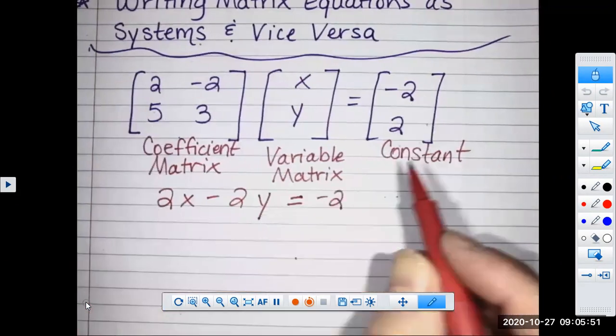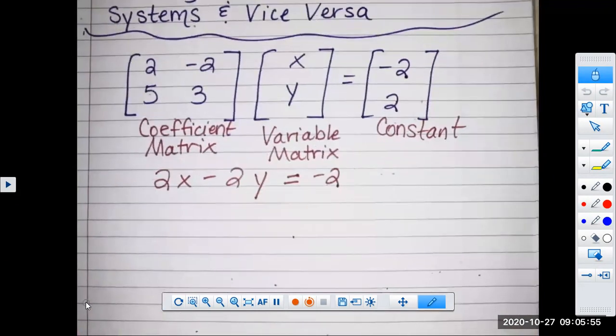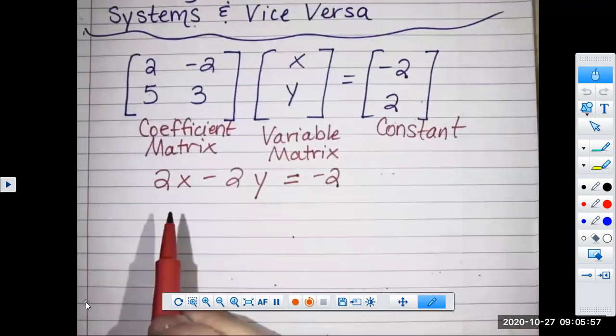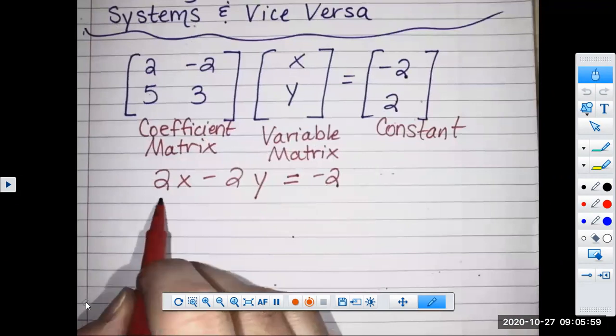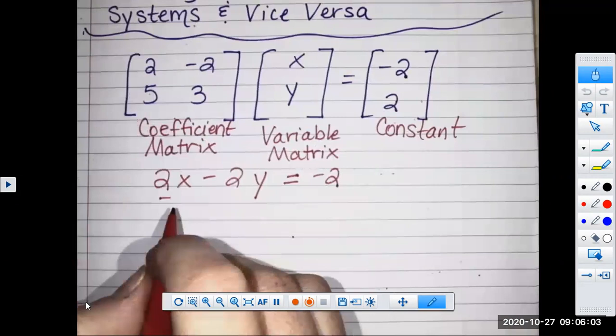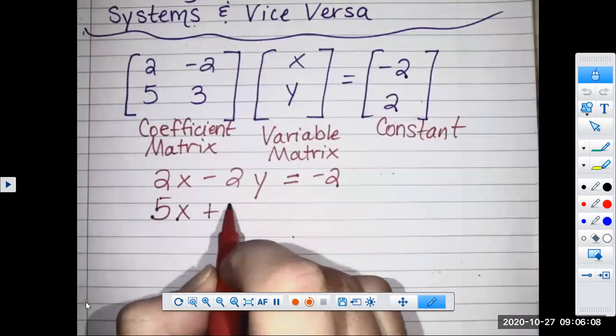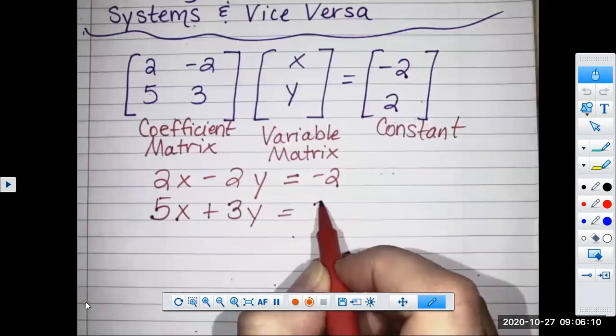This is your constant matrix. What would the next equation be? Like using that second row. 5x plus 3y equals +2.